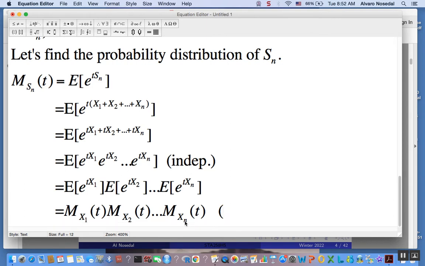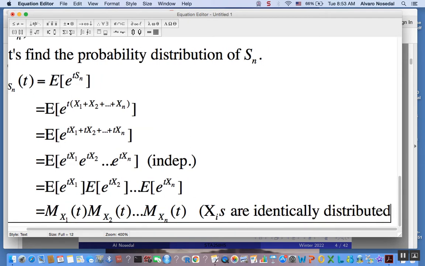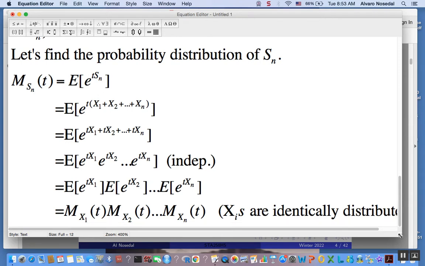The Xi's are identically distributed, so they have the same distribution.